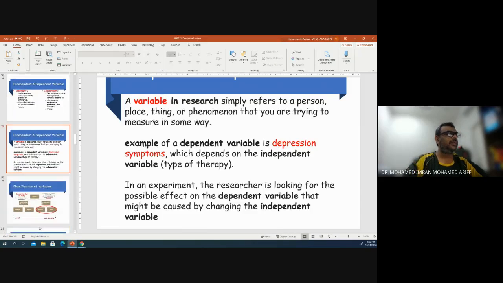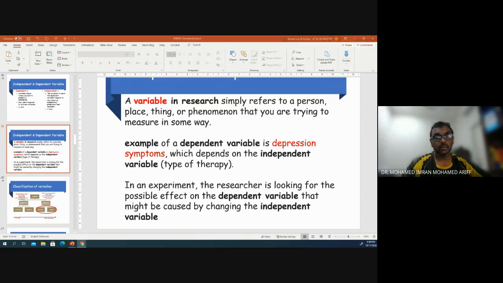A variable in research simply refers to a person, place, thing, or phenomenon that you are trying to measure in some way. An example of a dependent variable is depression, which depends on an independent variable, maybe therapy. So maybe we can say the higher the therapy, the less people will go through depression.